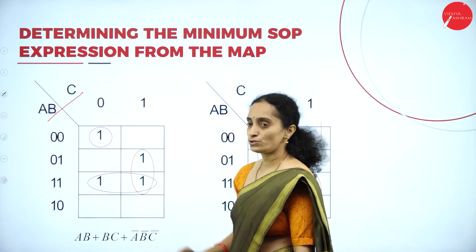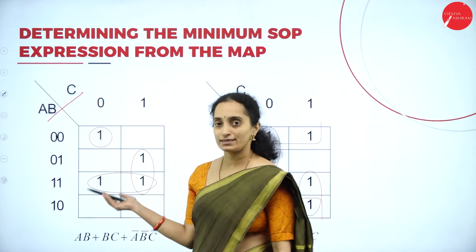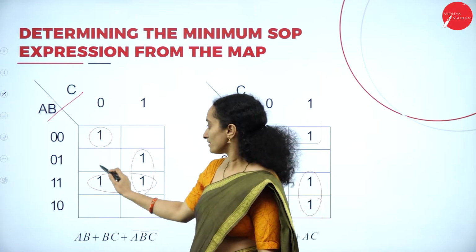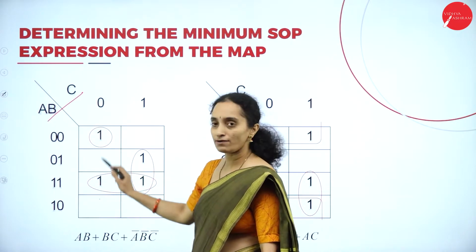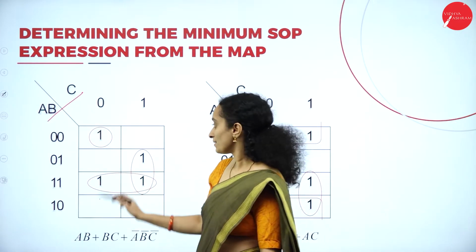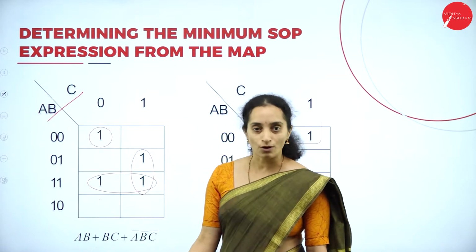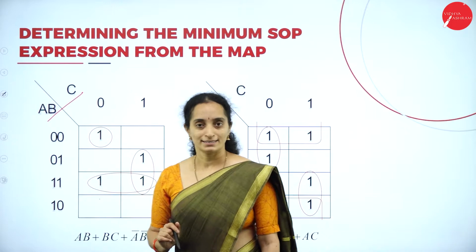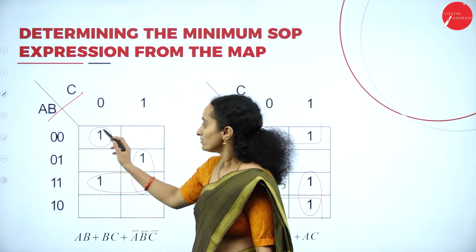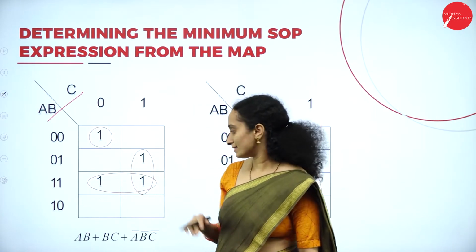Then we have 2 ones. You cannot combine this 1 because if 1 was present here, you would have combined these 2 ones. But this one cannot be combined with any of the ones in the K-map. So it will be kept as it is.